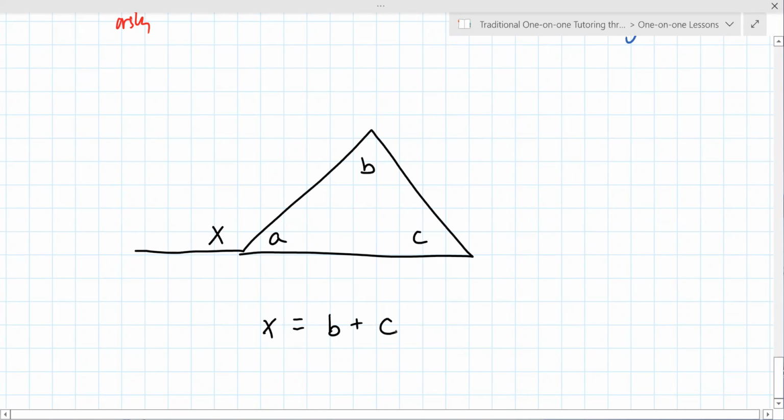Yes. So X is the exterior angle to the triangle, outside of the triangle. The one that's right next to it, you don't look at, but X adds up to the other two.